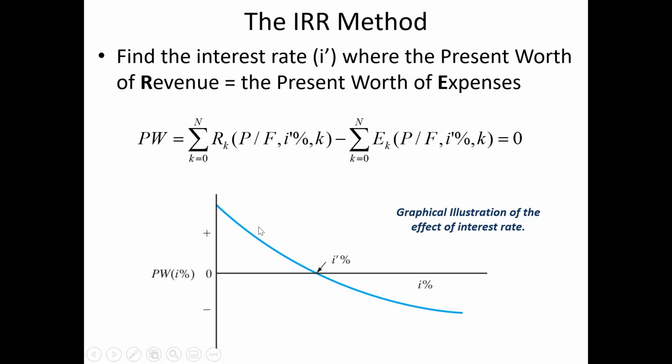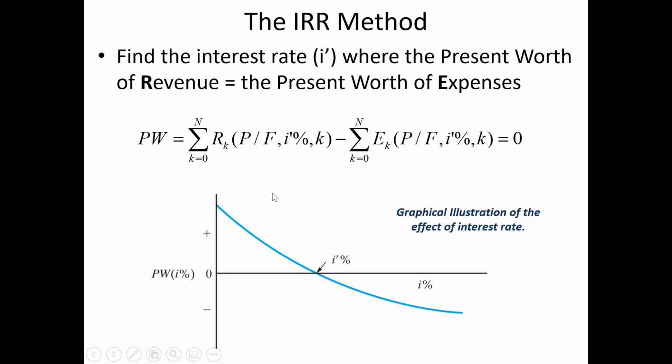So when we were doing our Ford truck, what happened when we were using a big interest rate? Do you remember what was bigger, the costs or the revenue when you had the big interest rate, the 4.72%? The costs were more. So our overall present worth was negative. If you have the revenue minus expenses, when we had that big interest rate for the truck, combining the two, we were in negative territory.